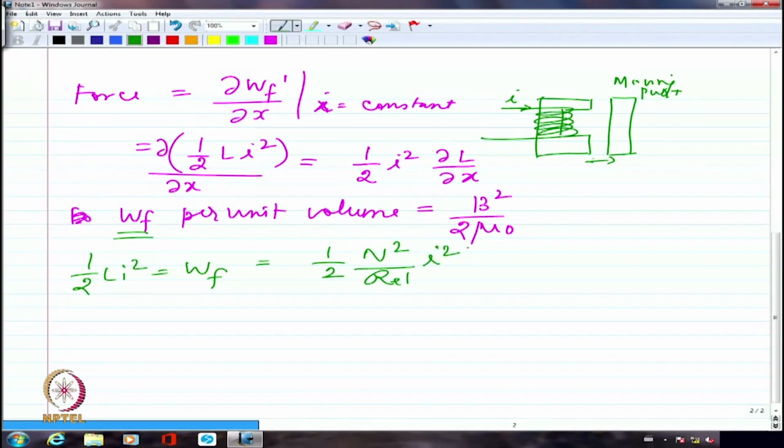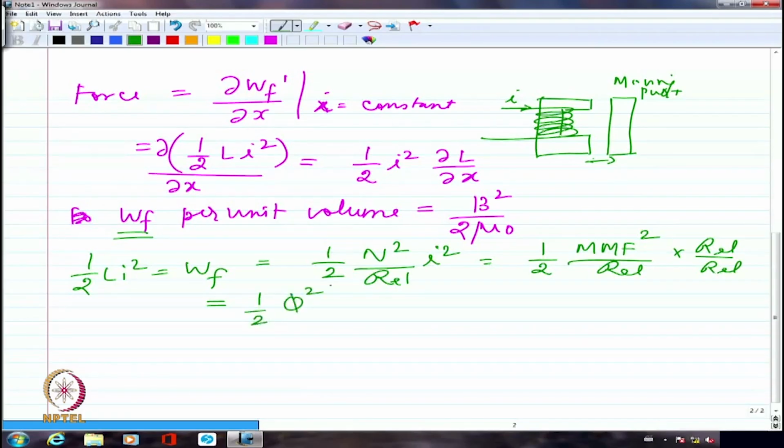So this is essentially half, on the top I have mmf square. N square I square is mmf divided by the reluctance itself. So mmf I can multiply and divide again by the reluctance, so that mmf square divided by reluctance square will give me flux square.